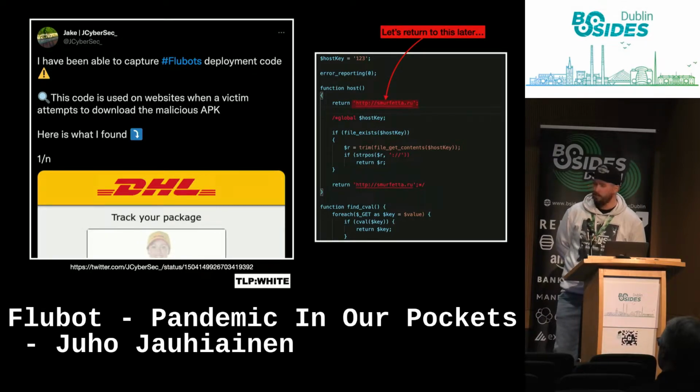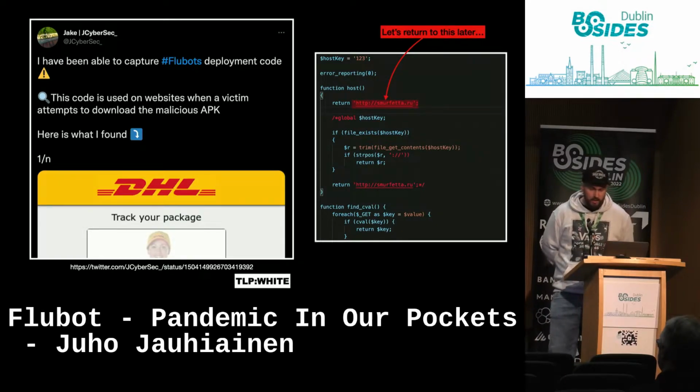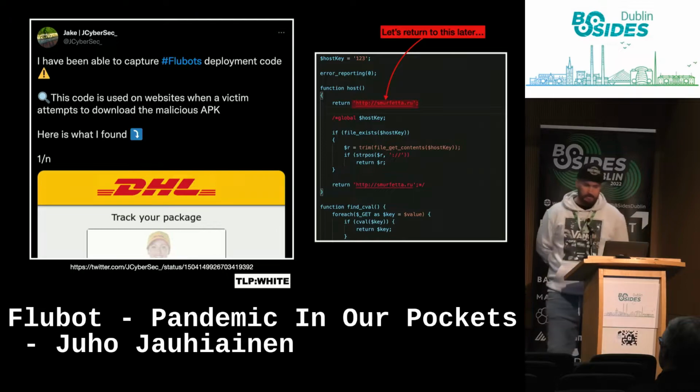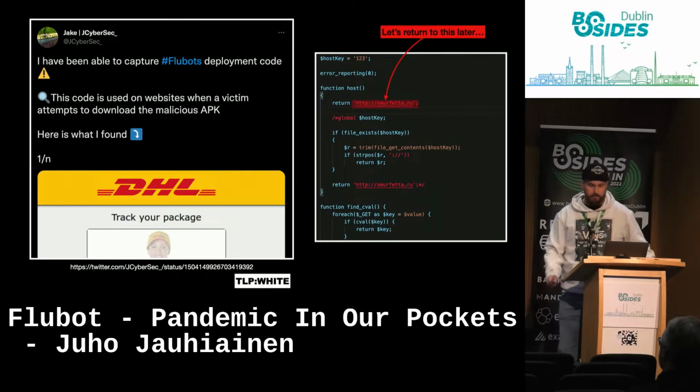And I saw that it reveals one address from the back end, and I will get back later to this domain shown there, the smurfetta.russia, and I will discuss a little about the infra and where it's hosted.